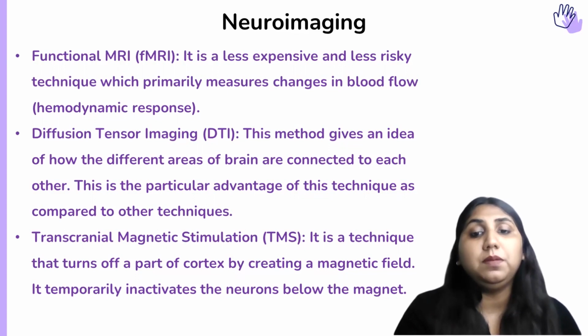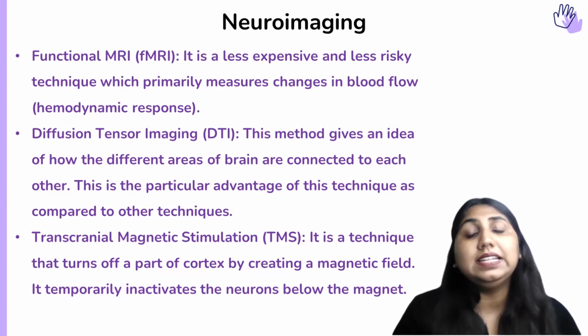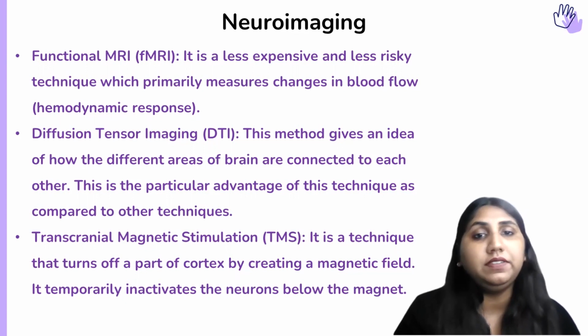Functional MRI is less expensive, less risky, and focuses more on understanding the changes in blood flow, or hemodynamic response. fMRI primarily measures the hemodynamic response, and it is one of the most popular methods whenever you are trying to study cognitive sciences, cognitive neuroscience, or form a diagnosis for someone suffering from cognitive neurodegenerative disorders or cognitive ailments.